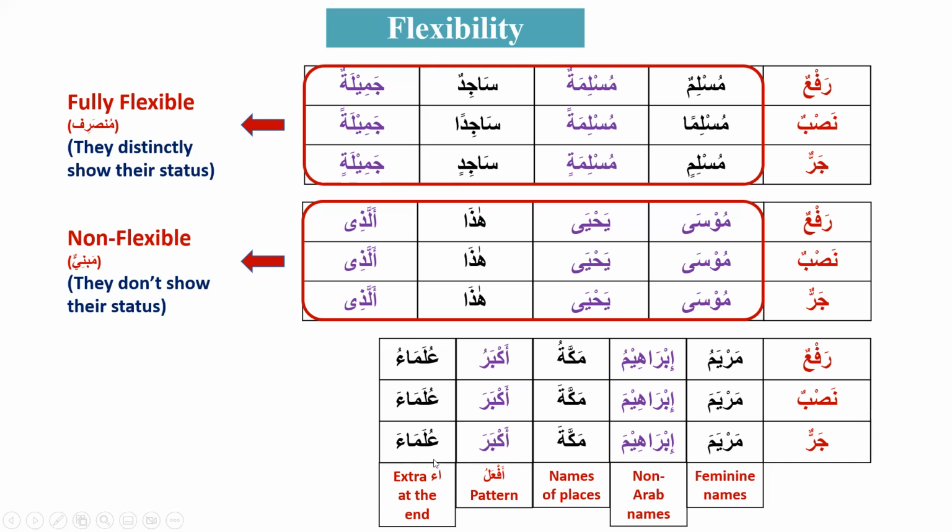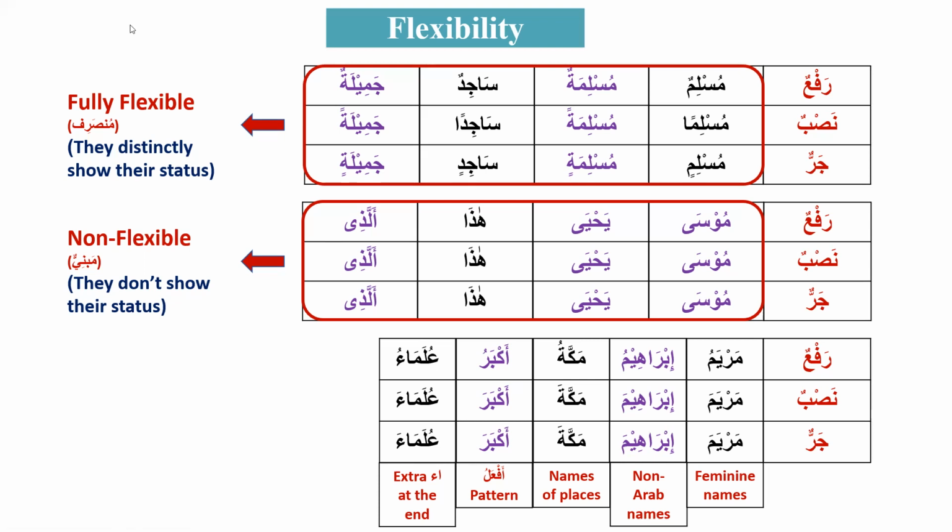So what will be the examples? Ulama'u, ghuraba'u, hamra'u, safra'u, hadra'u. So the words that have an extra alif and hamza at the end will always be light and will not take kasra in their jar status.